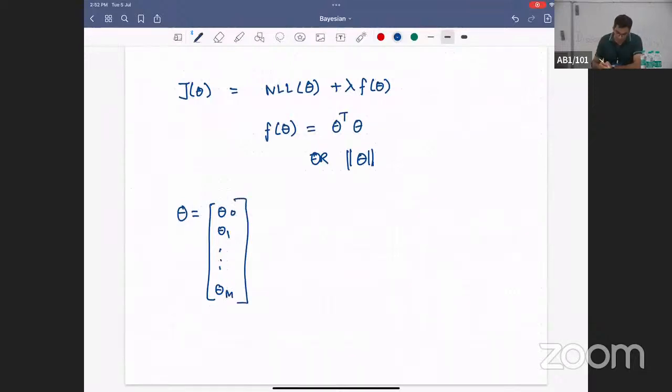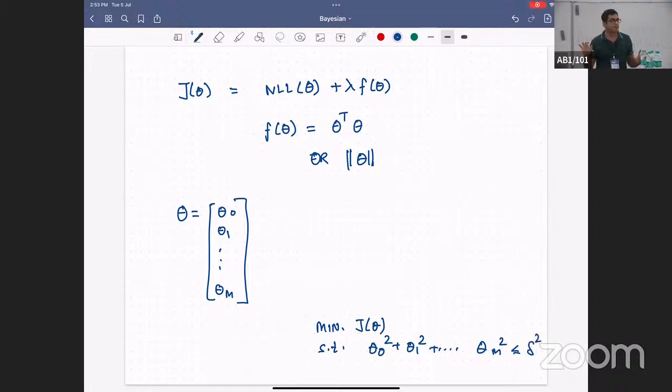So we want to say minimize J of theta such that theta naught squared plus theta 1 squared plus theta m squared is a small number. So I'll say that it's less than some delta squared, right? It's a small, non-negative number.